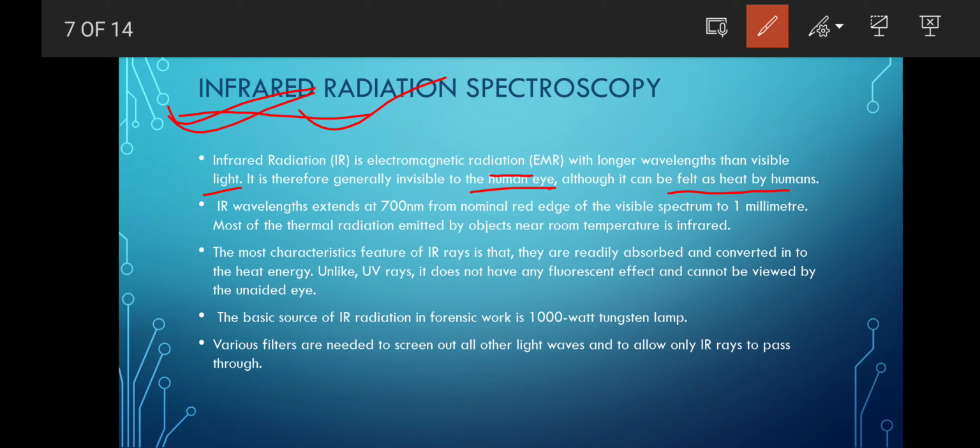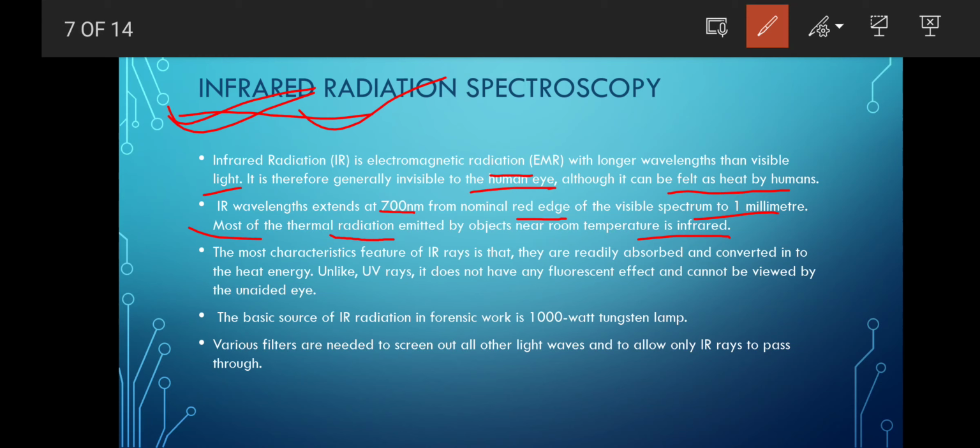IR wavelengths extend from 700 nanometers, the nominal red edge of the visible spectrum, to 1 millimeter. Most of the thermal radiation emitted by an object near room temperature is infrared. Like when you are heating water over a gas, whatever heat and energy it generates is first in the form of IR radiation.